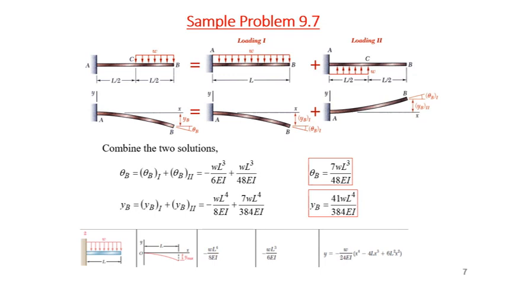Combining the two, theta B1 we already calculated, theta B2 we calculated. So by combining these two, this will give us the slope at B, and similarly yB is equal to yB1 plus yB2 due to loading 1 and loading 2, and this will give us yB equal to 41WL^4 divided by 384EI.